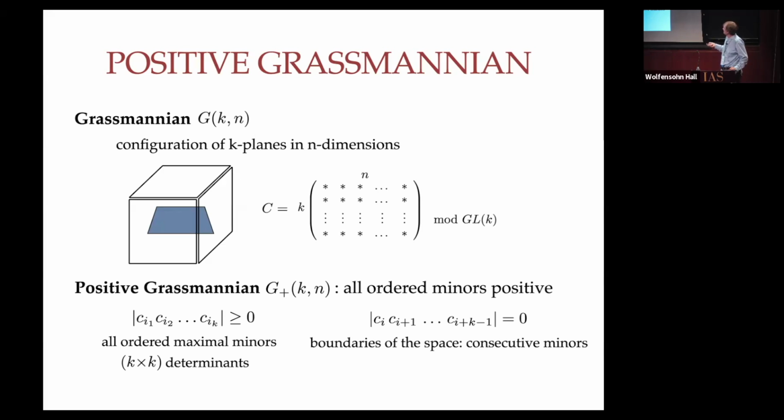And this is a space with boundaries, with interesting geometry. The boundaries of this space correspond to a sequence of minors when we take adjacent, consecutive columns of it.